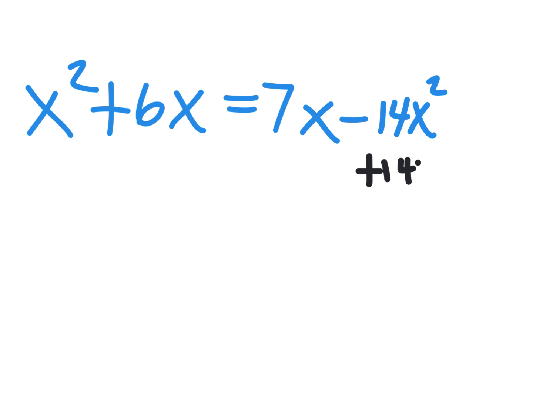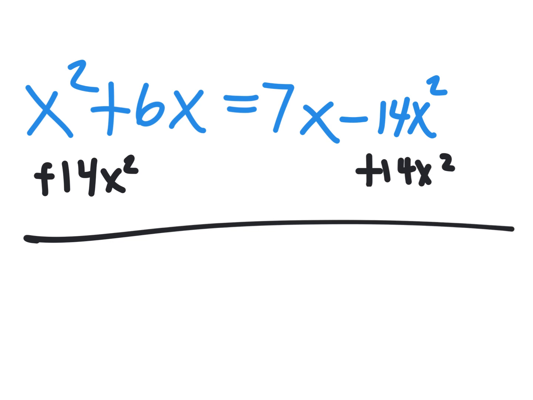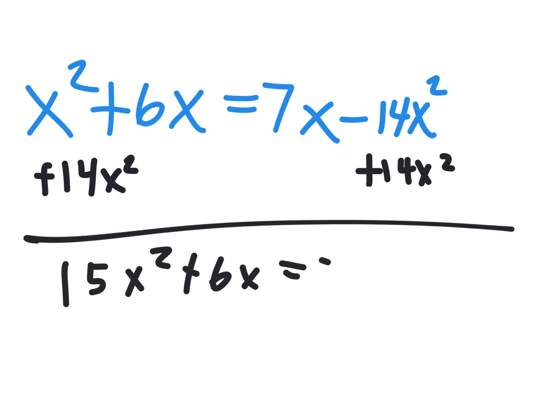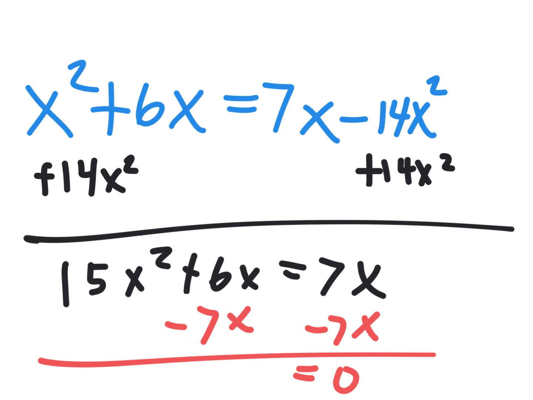Add the 14x squared and subtract the 7x. So this would be 5x squared plus 6x equals 7x. And then, but if I subtract 7x, there'll be nothing over there. It's okay. It can be equal to 0. In fact, I want it to be equal to 0.